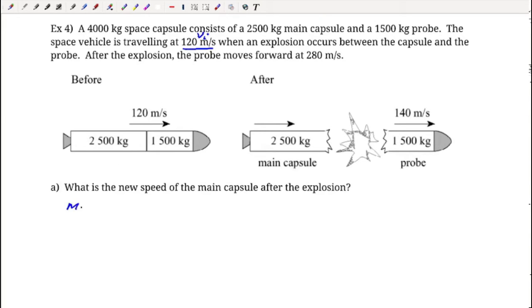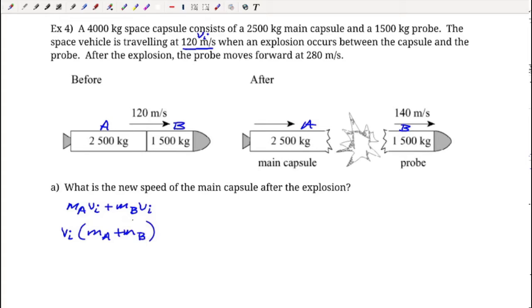So I could write this as ma vi plus mb vi, or I can actually factor out the vi to go, this is vi times ma plus mb. In other words, I have one big mass that is the combined mass of them together.